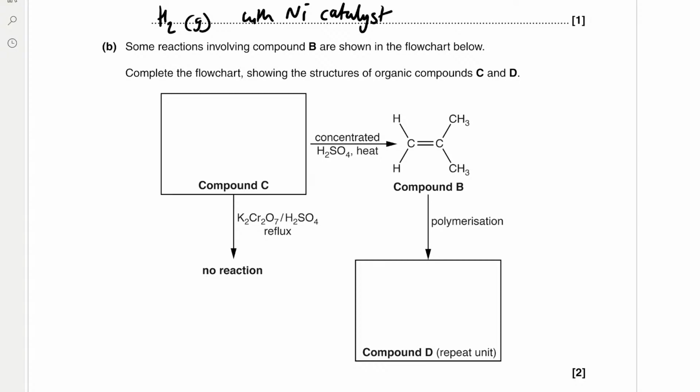So we need to learn our synthetic routes, and then we can see here that it's not reacting with acidified potassium dichromate even under reflux. That means that it must be a tertiary alcohol, because tertiary alcohols resist all forms of oxidation. Therefore, it needs to have this structure.